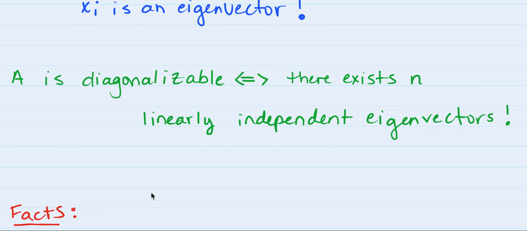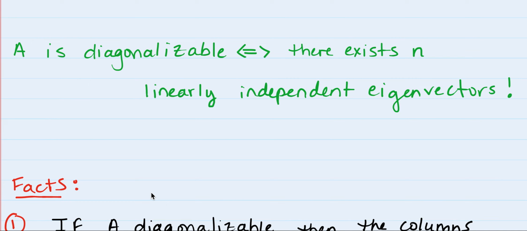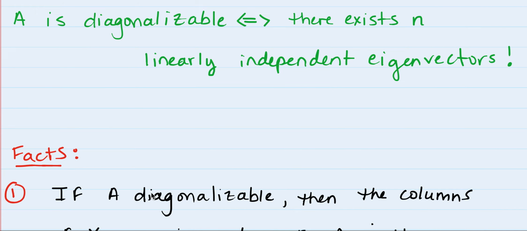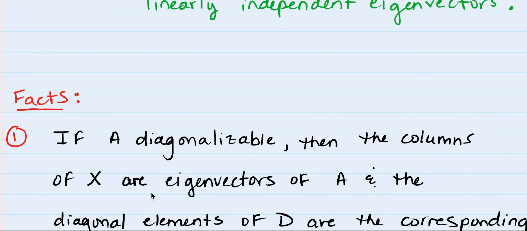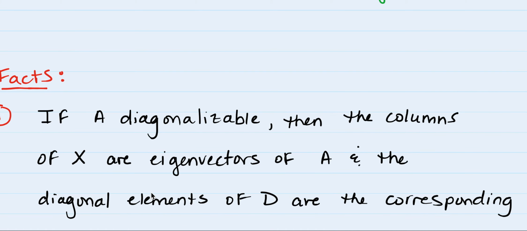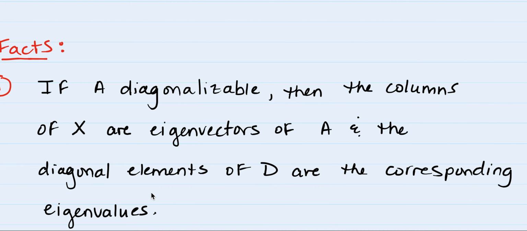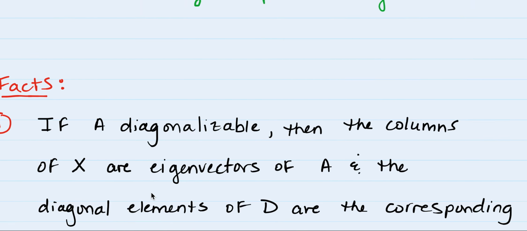So let's summarize this and talk about some facts. The first fact is, if we have a diagonalizable matrix, then the columns of X are eigenvectors. We just showed that. And the diagonal elements of D are the corresponding eigenvalues. We saw that; let me scroll back up.